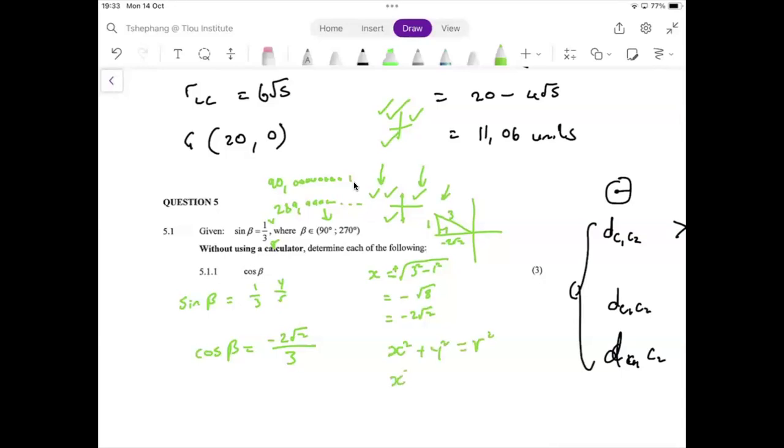So I'll say x squared is equal to 3 squared, and then minus 2, no, my mistake, sorry, minus 1 squared. Then you find x. But because we are in the second quadrant, x is negative. So if x is negative, then we're just going to discard the positive x answer that we find on our calculator.